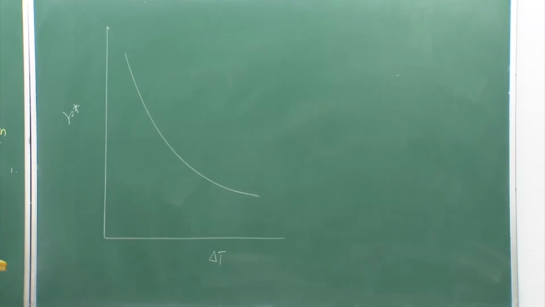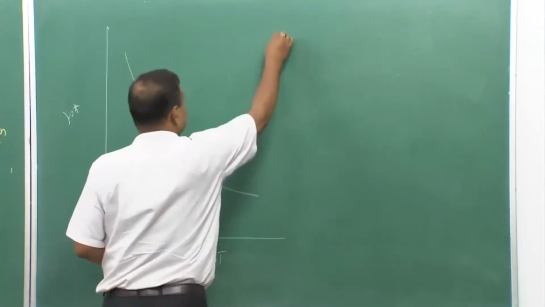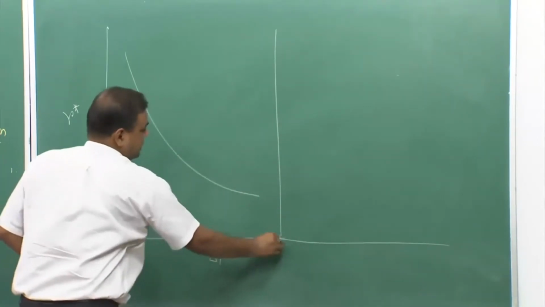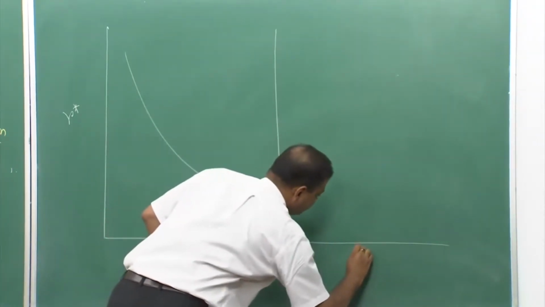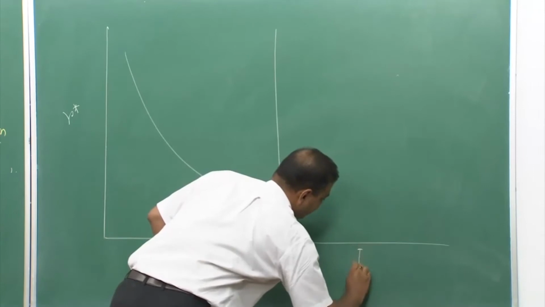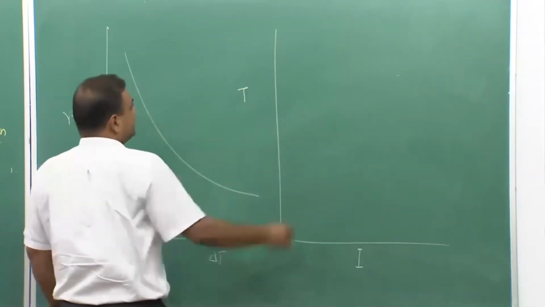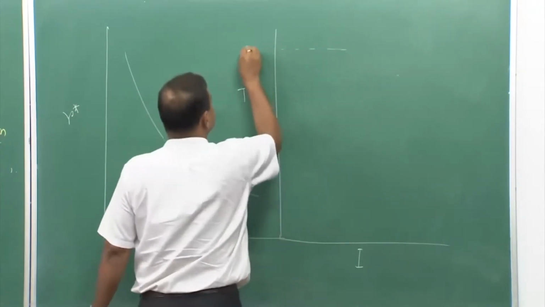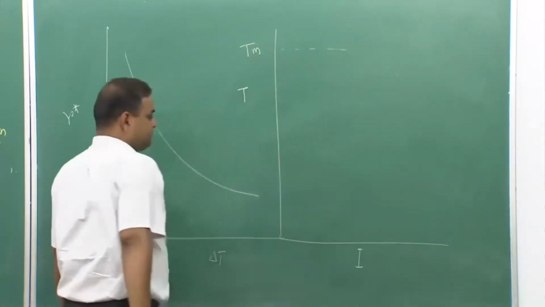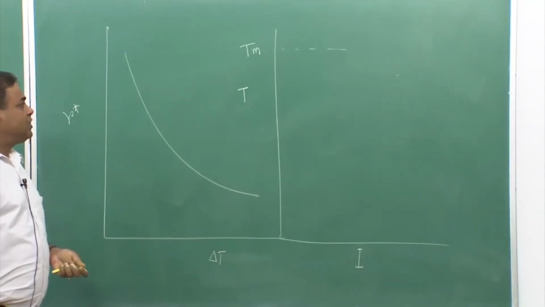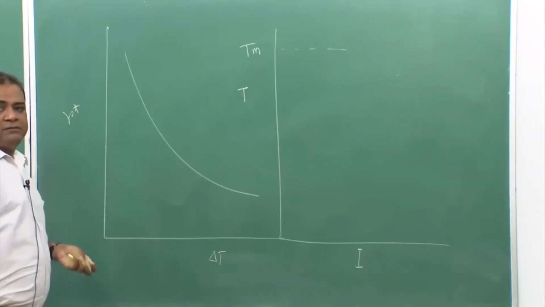Now, if we try to plot the I variation as a function of temperature, let us say this is my Tm, which is the melting temperature. At Tm, what would be the value of R star?